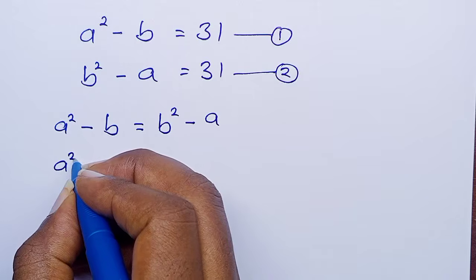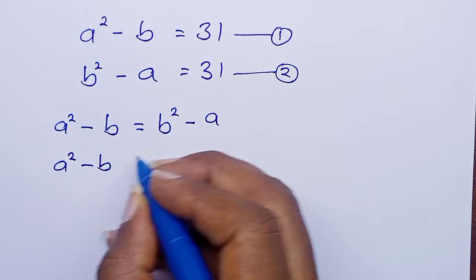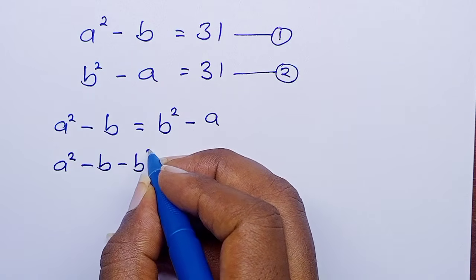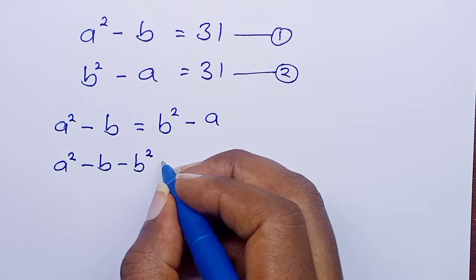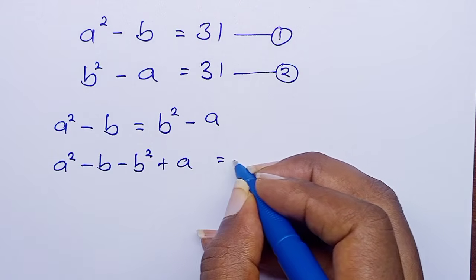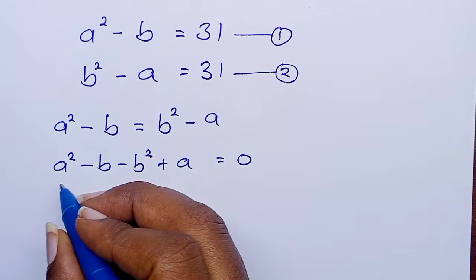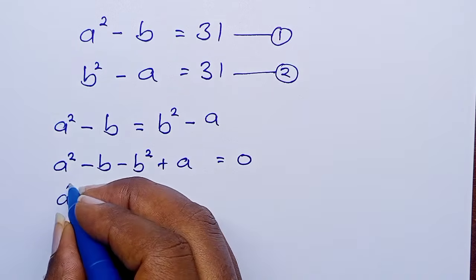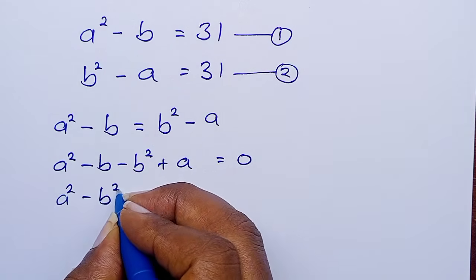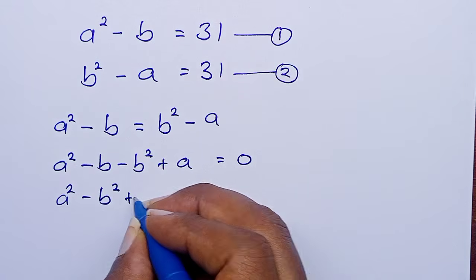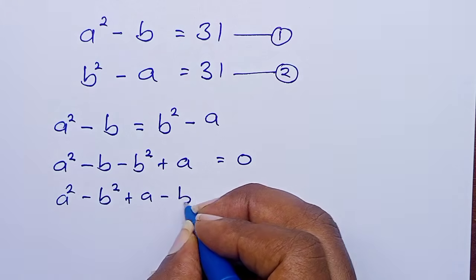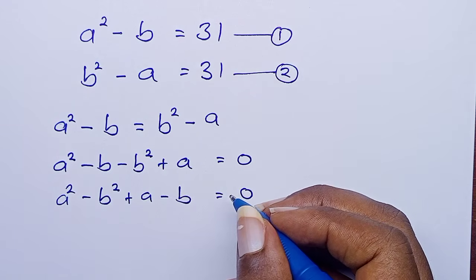So we shall have a squared minus b squared. When this a crosses, it becomes plus a, minus b, and this is equal to 0. So when we combine the squares, we shall have a squared minus b squared, then plus a minus b, equal to 0.